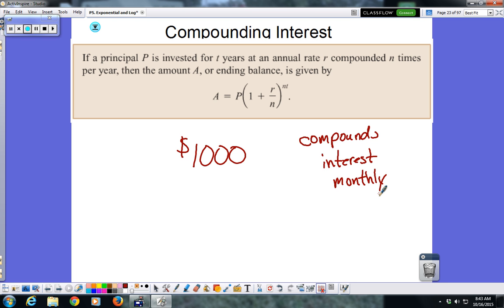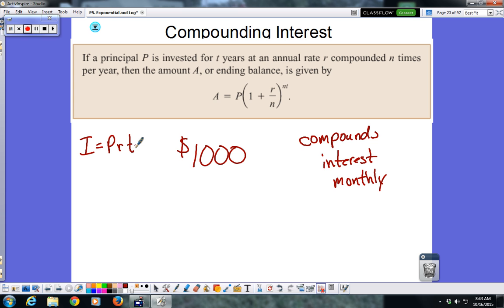So after 1 month, 1%. You remember the old formula, interest equals principal times rate times time. It's similar to that, but banks really don't use that. So after 1 month, you've earned 1% in interest. What is 1% of 1,000? I think it's $10, right?